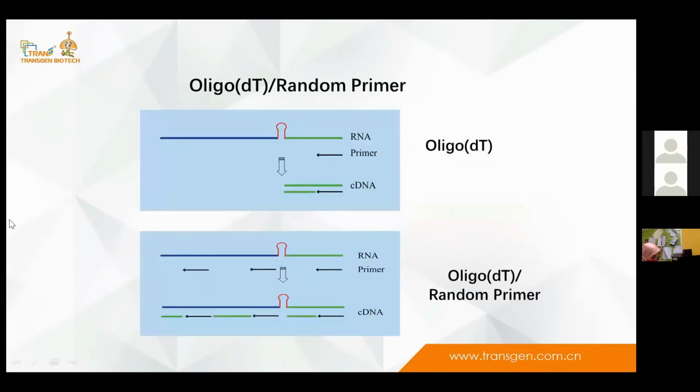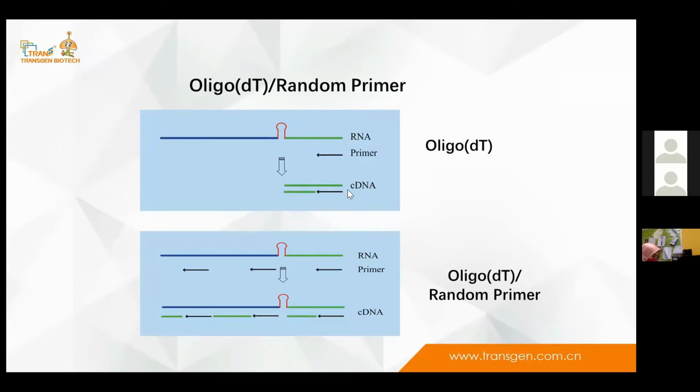When we use oligo-dT as a very specific mRNA primer, it is very efficient and very good. It's very widely used, but it also has this disadvantage. When the primers bind with the poly-A at the 3' end of the mRNAs, the direction of cDNA synthesis is from the 3' end to the 5' end.